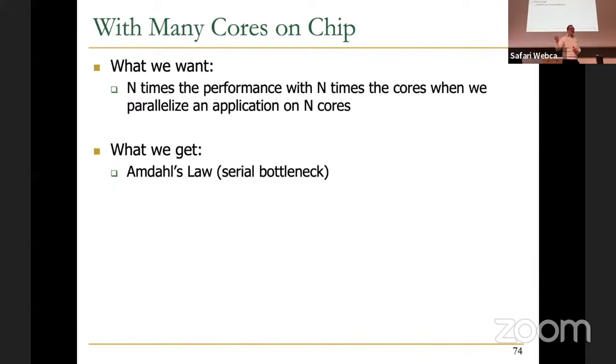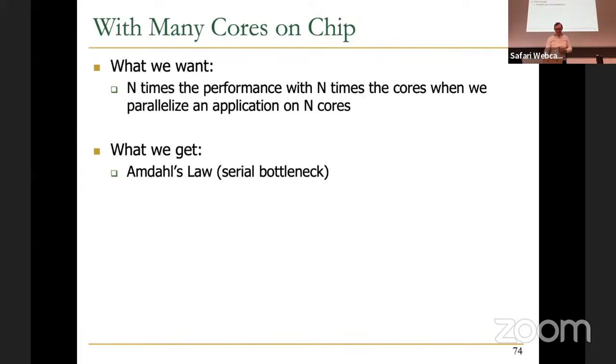In his 1967 paper, he said, 1965 paper, he basically said, in fact, the title of the paper was the validity of the single processor approach to achieving large performance capabilities. He basically said that on many workloads, you cannot parallelize more than 70%. So we should really be focusing on getting that single processor right. If you read that paper, you will see.